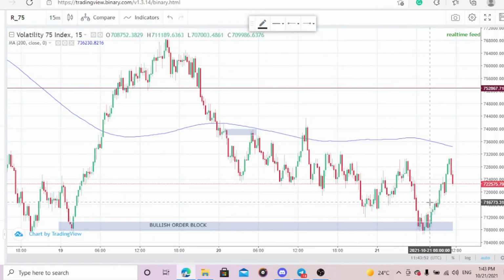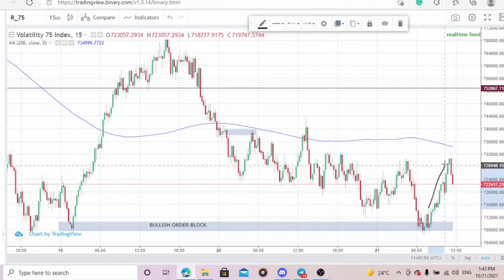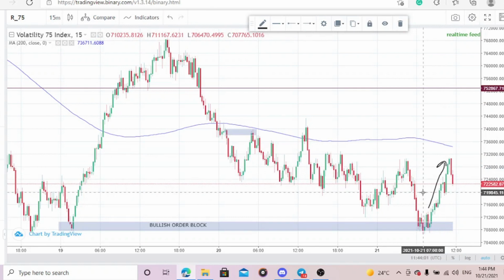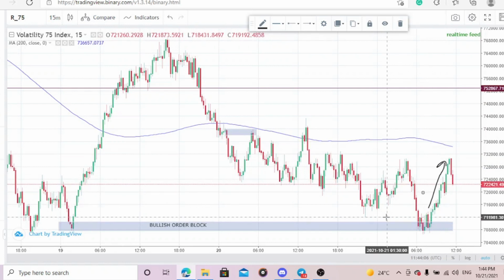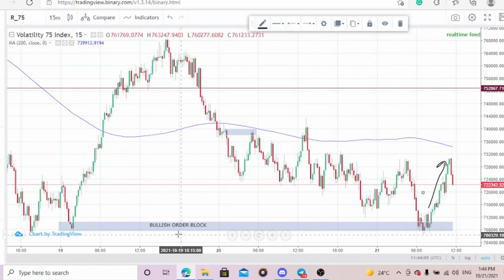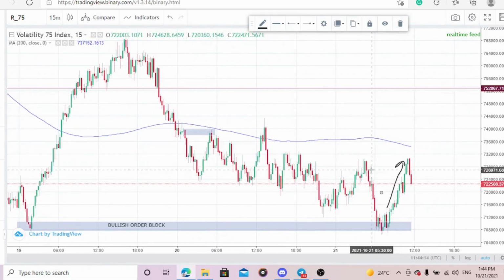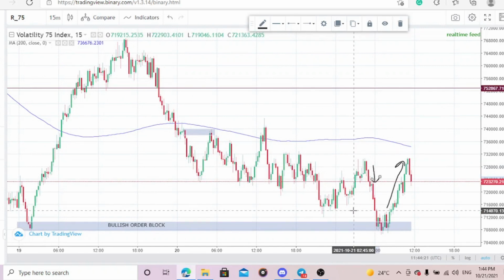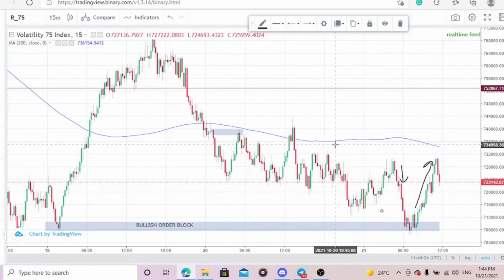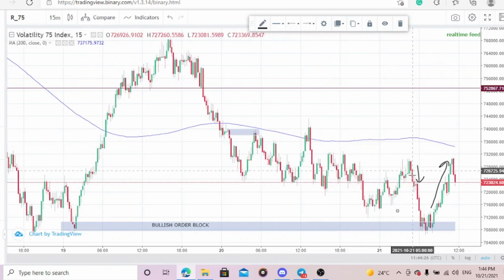Okay guys, this is how we caught this move right here going up. We caught this move on our Telegram channel. I sent this position to be taken on our Telegram channel. So this is how we caught it. When I got to the charts, I saw that V75 was making this move to the downside, and it was moving very aggressively.